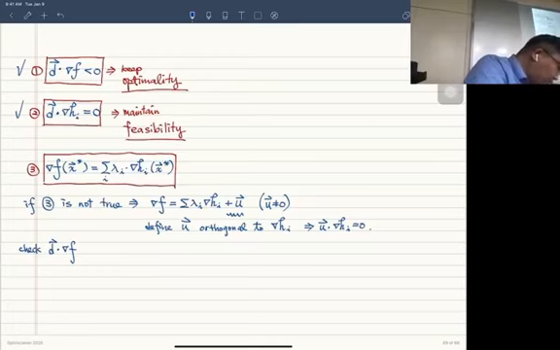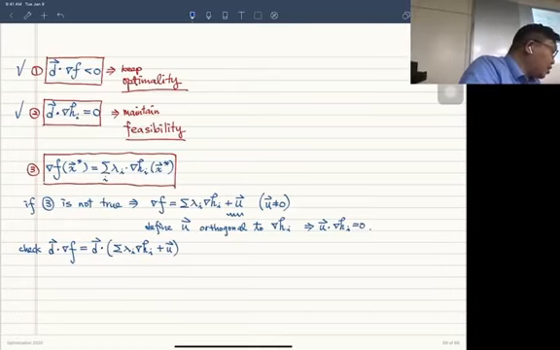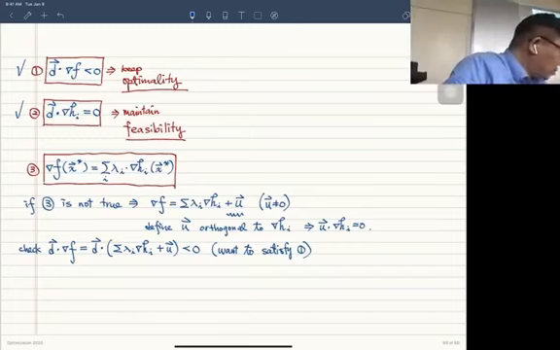In this process of the proof, we said this gradient f equals the summation of lambda i times gradient hi, plus u. And this has to be less than 0 because we want to satisfy rule number 1.